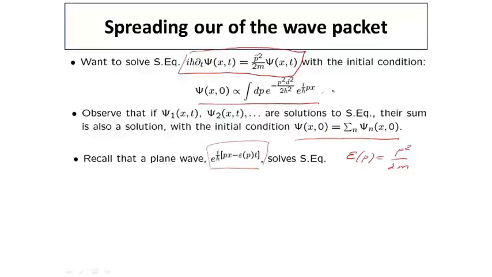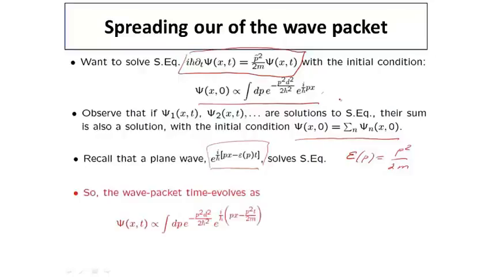It just happens to be an infinite sum. So we can use the fact that the Schrödinger equation is linear and write psi of x and t, the full solution, as so. Basically all we have to do is replace this plane wave at t equals 0 with the plane wave at a finite time, with epsilon of p being p squared over 2m.